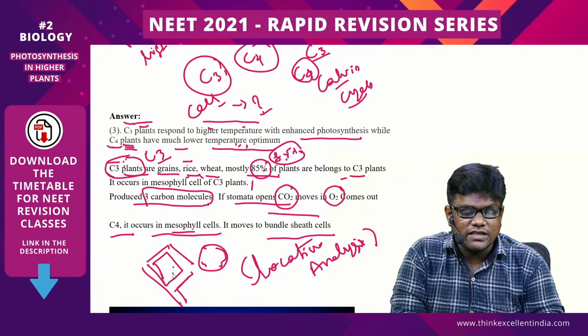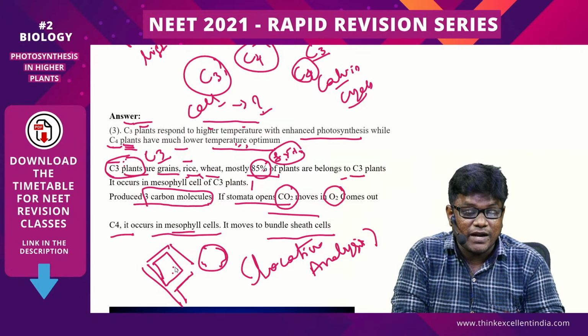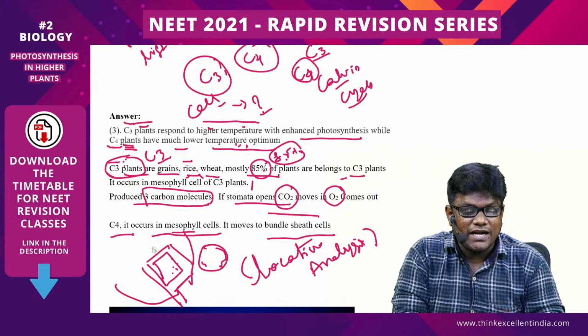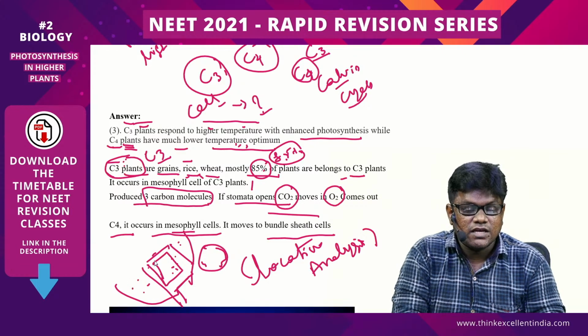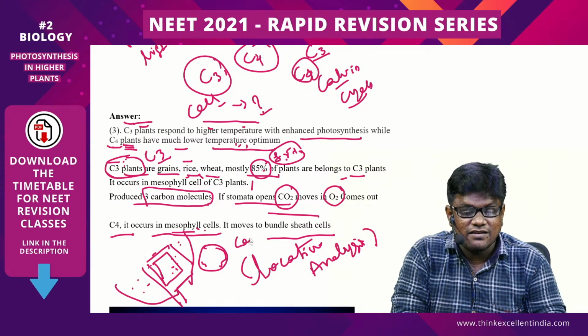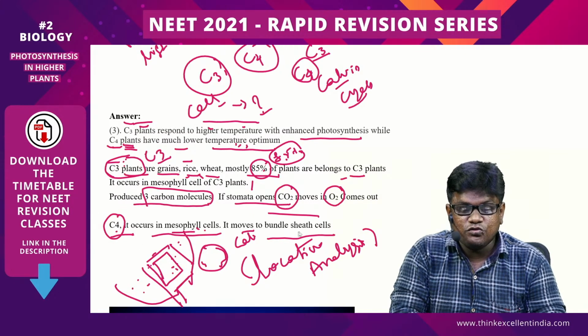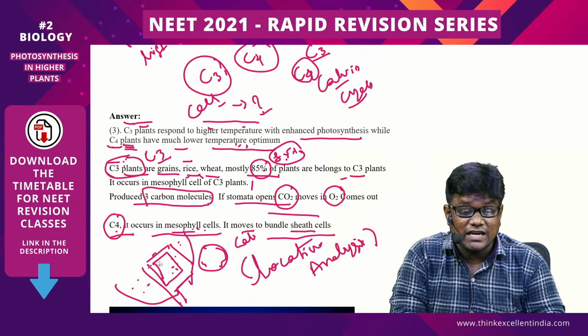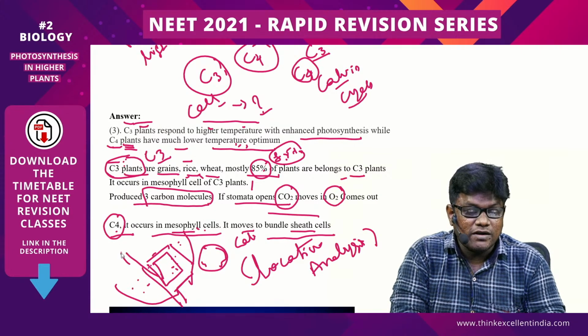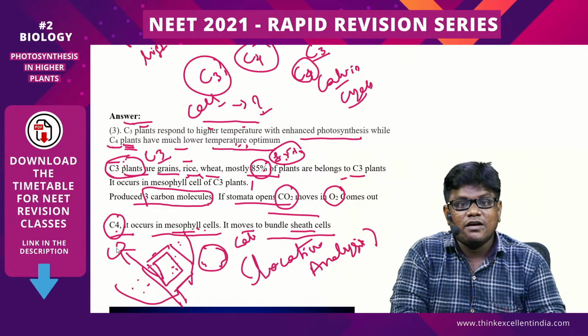And here you can see these structures. So consider this is the mesophyll cell, this region is the entire plant, and the mesophyll cells are here. The mesophyll cells do the fixation of 4 carbon molecules into the plants. That's why they are called C4 plants, and it moves to the bundle sheath cells. What exactly? It moves to the bundle sheath cells in this region of the plant cell.